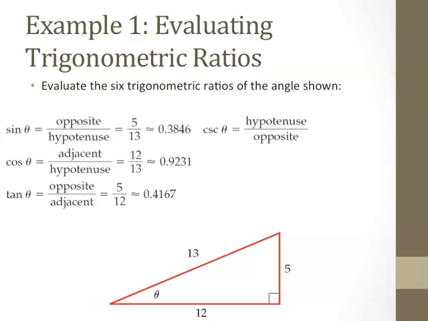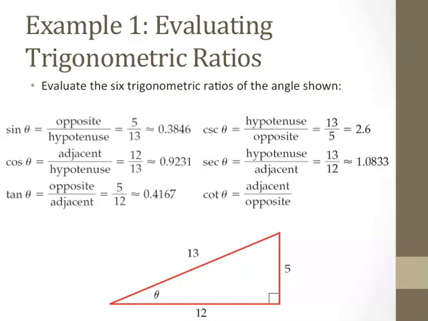So cosecant, that's 13 over 5, which is about 2.6. Secant of theta is going to be 13 over 12. That comes out to be about 1.0833. And cotangent of theta is going to equal 12 over 5, which is equal to 2.4.